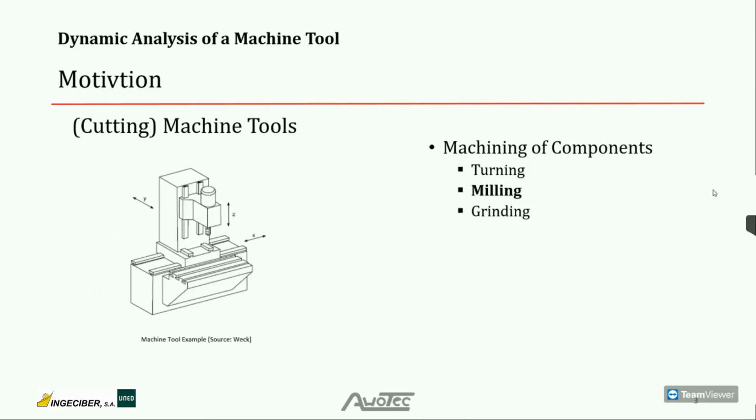Let's start with the motivation for this project. As you can see on the left side, this picture shows a typical machine tool. Machine tools are used during the manufacturing process of parts, especially cutting machine tools are used for processes like turning, milling, or grinding.